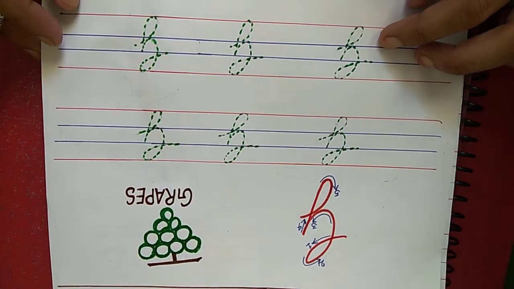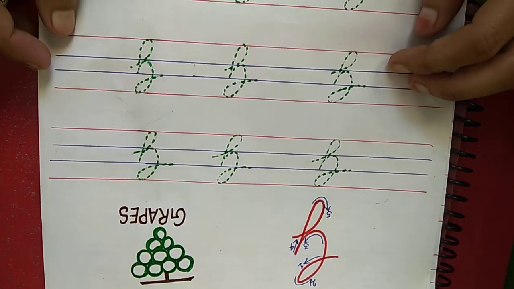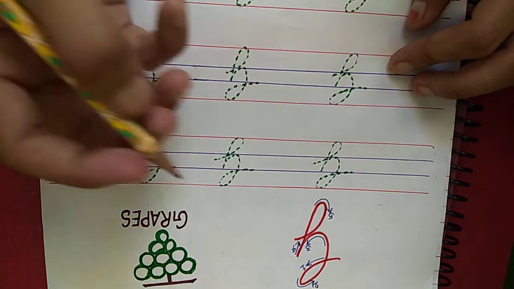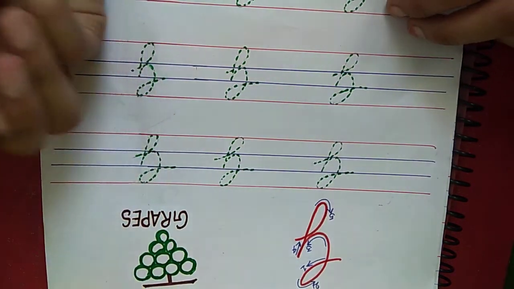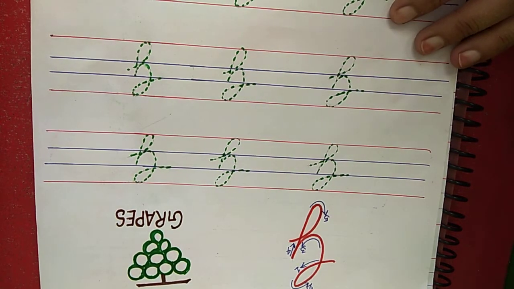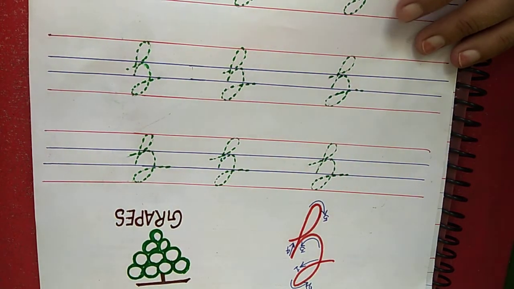Okay, now you understand? Take out your pencil and eraser and hold your pencil like this. Now today I will tell you how to draw G for grapes.